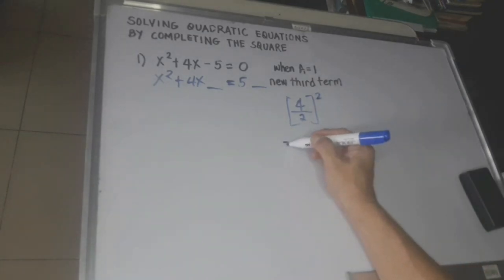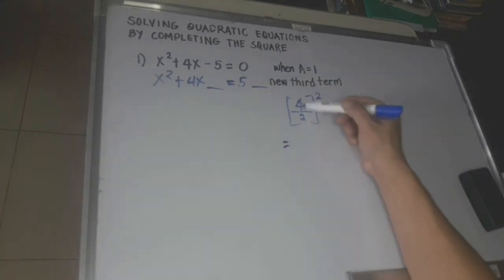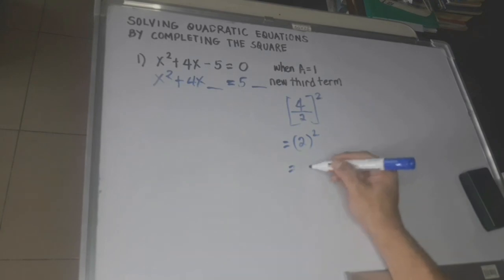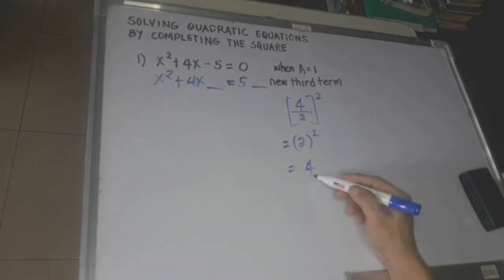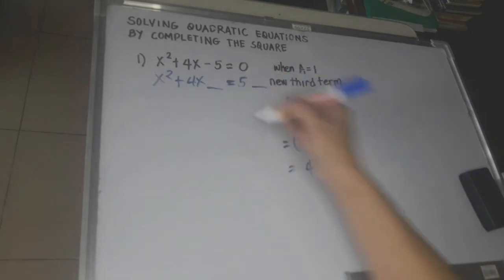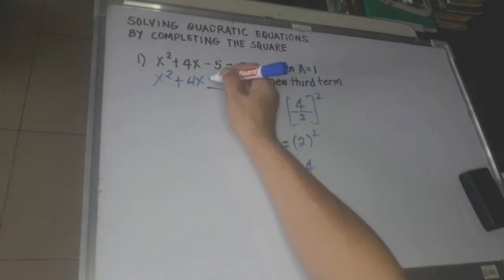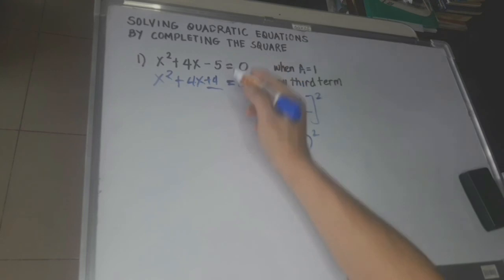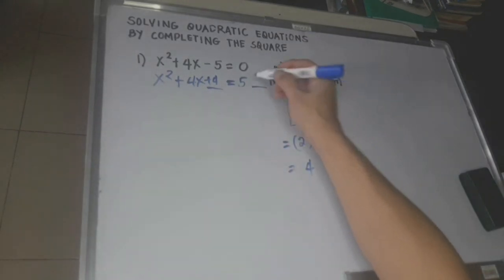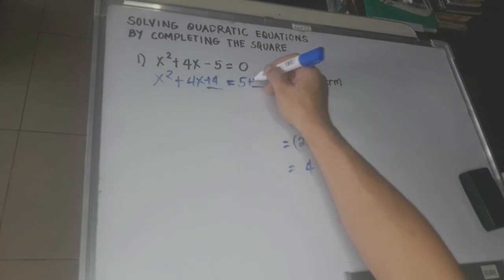So, 4 divided by 2 is 2, then squared, this is now 4. So the new third term is 4, always positive, plus 4. What is added to the left side should be added also to the right side. So it is plus 4.